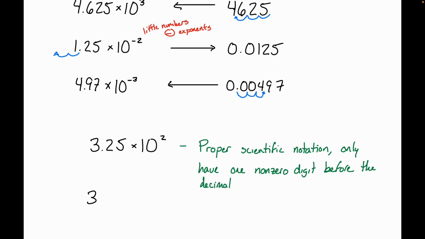So 32.5 times 10 to the 1, mathematically these are equivalent, but this is not proper scientific notation because you're only allowed to have one digit to the left of the decimal.